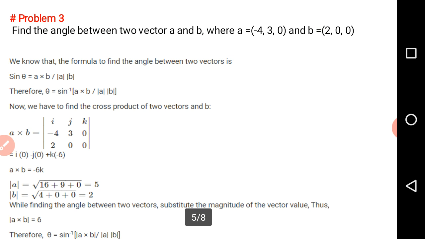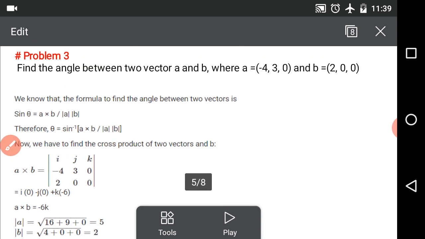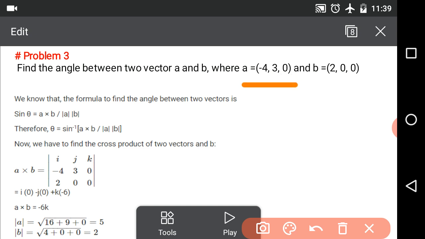Now the third problem is, find out the angle between vector A and B, where you have given the components of vector A minus 4, 3, 0 and B 2, 0, 0.